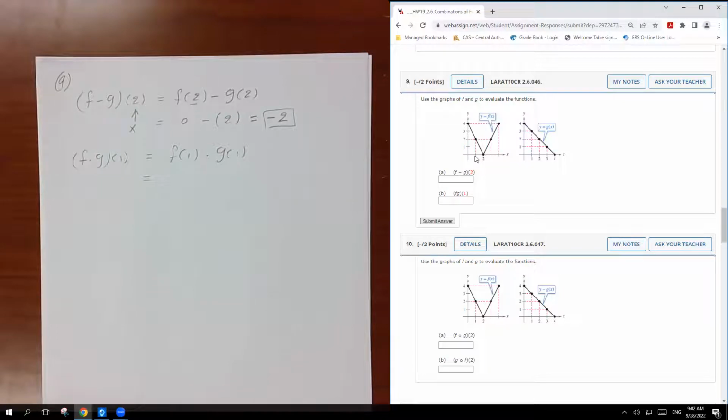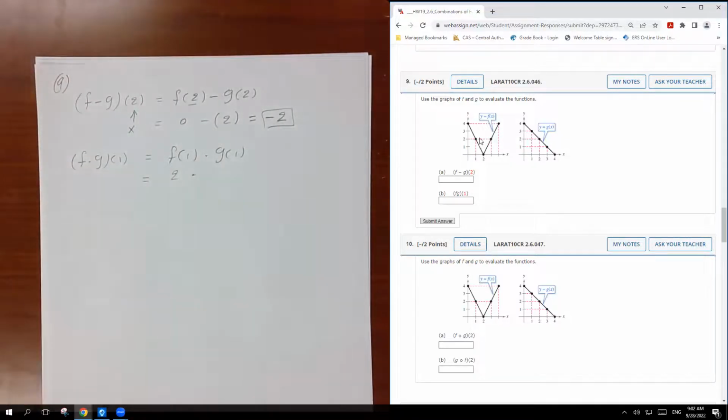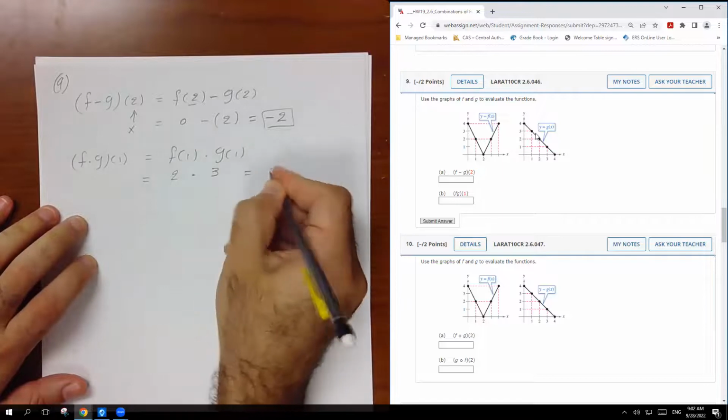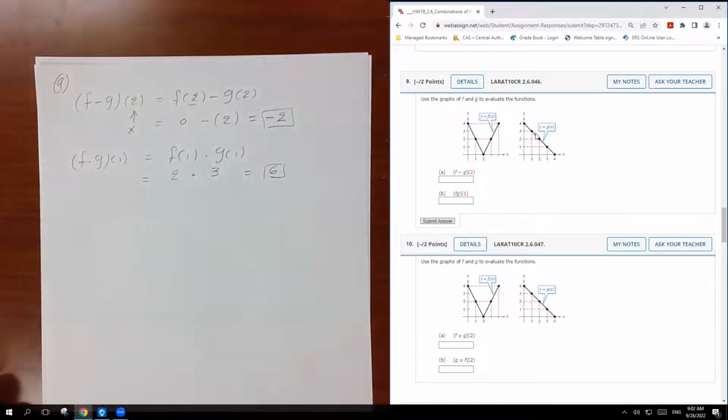When x equals 1, y equals 2. So this one is 2 times g of 1. When x equals 1 on g, the y is 3. At this point, the y is 3. So that means 2 times 3, and the result equals 6. That's it. This is for example 9.